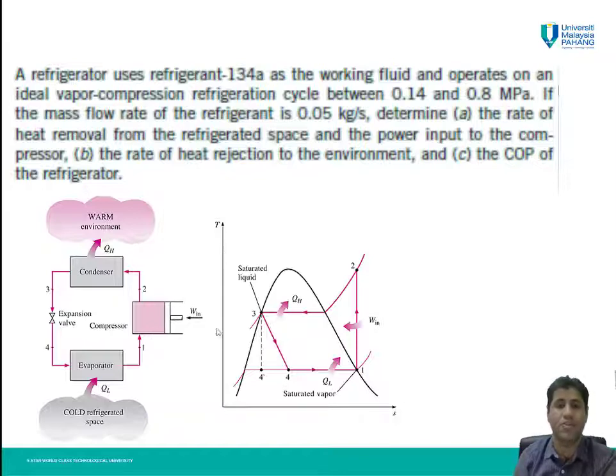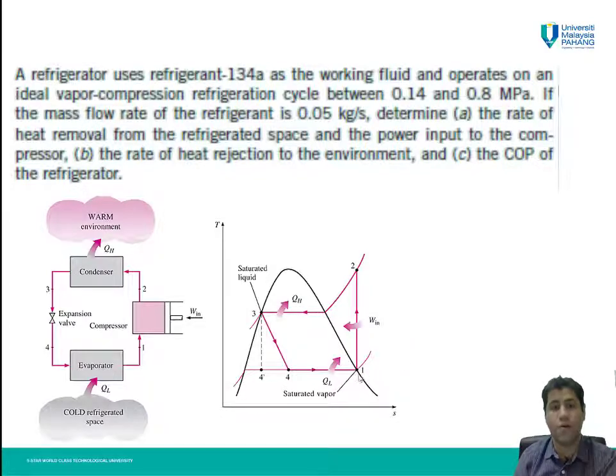And the TS diagram for this type of cycle also already is introduced to you, is like what you can see here. We have this dome which shows different phases of the working fluid, which in our example here is R134A actually.